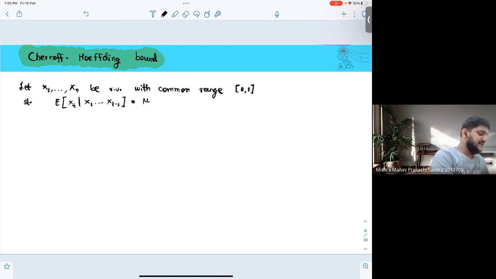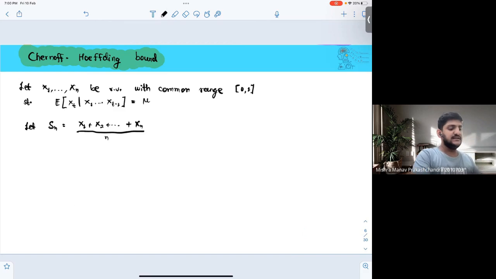So in this case, we define a quantity. Let my S of n be x1, x2, dot dot dot, xn, divided by this thing. If you look at the bandit problem, this is similar to my capital Q. My Sn is similar to my capital Qt, my reward estimate, because my x is the reward that I'm sampling and I'm averaging that.